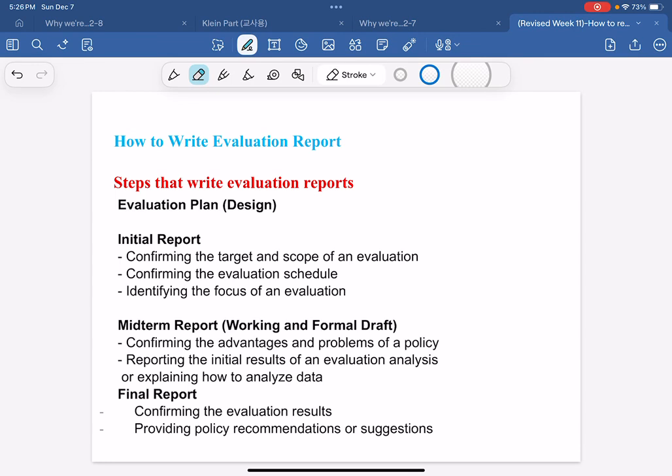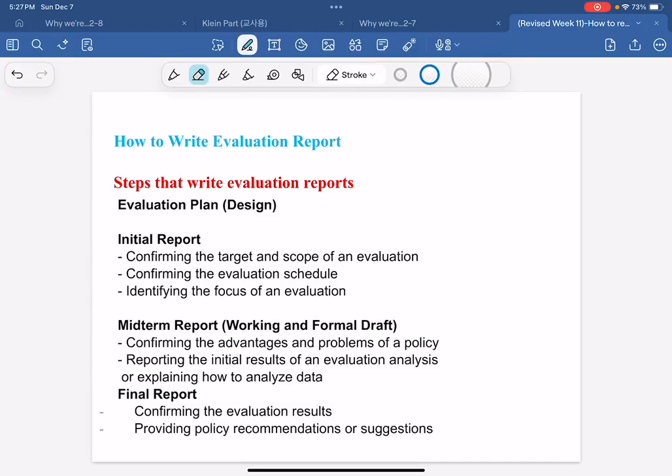Also, if you report the initial result of your evaluation, then you need to write the midterm report, and the midterm report should include some kind of content confirming advantages and problems of policy. Also, the midterm report should refer to the initial result of evaluation analysis, or the way to collect the data.